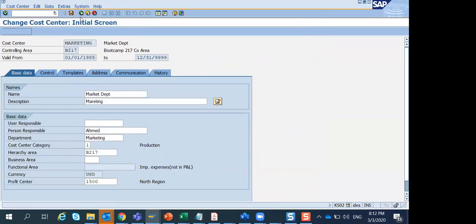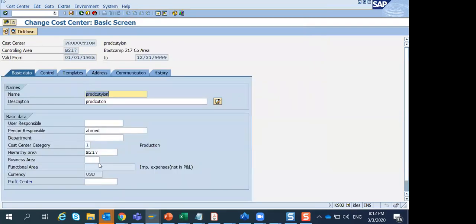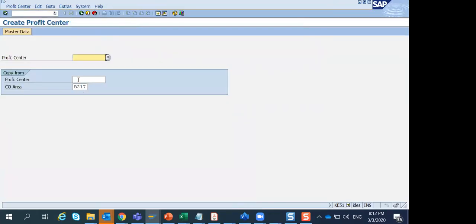Let me look at another cost center, for example, production or something. Let's say here I have production, and here I want to have 2,000. It doesn't exist. Production doesn't exist. Okay, let me just create another one quickly. KE51, I believe. Just a copy of this one, and I'll say here 1,600.